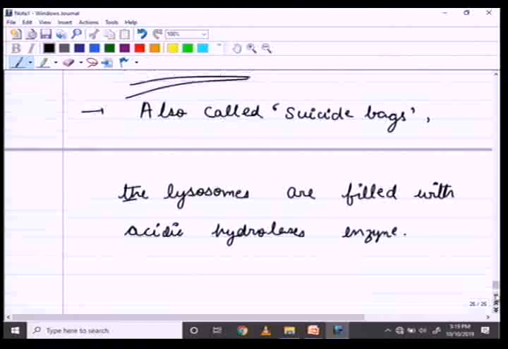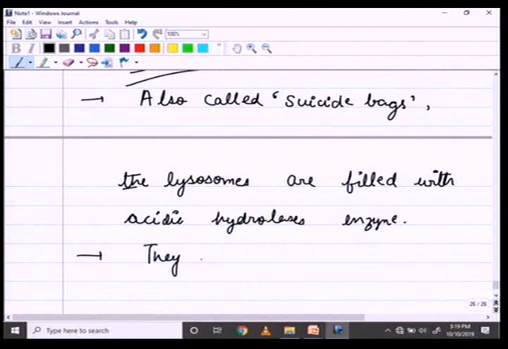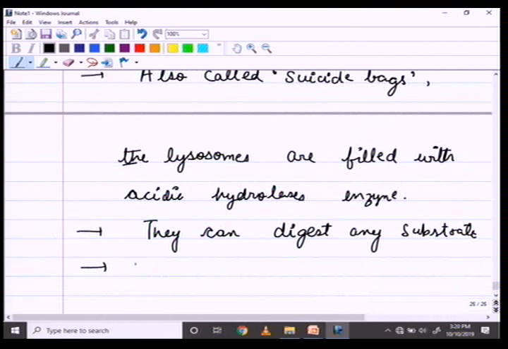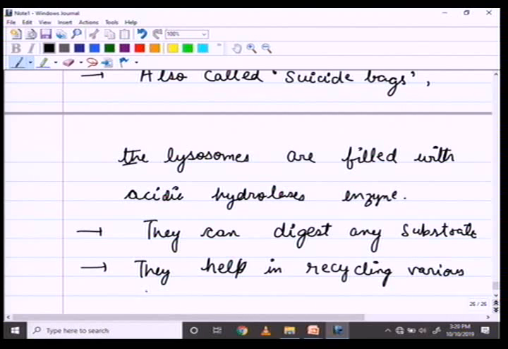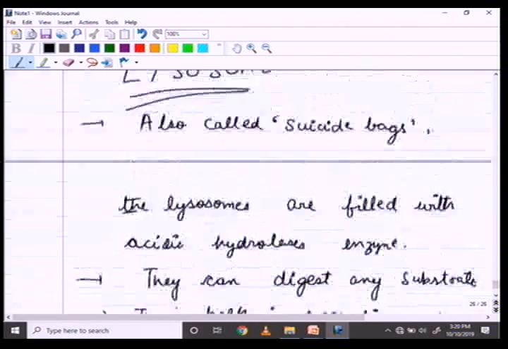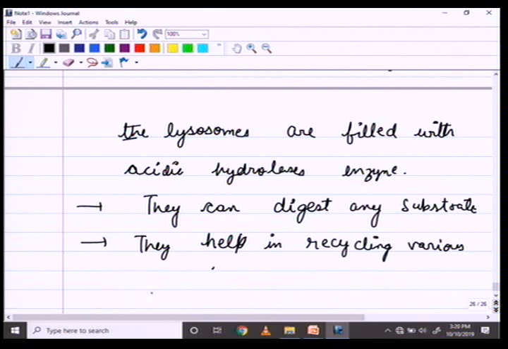They can digest any substrate. They help in recycling various organelles.